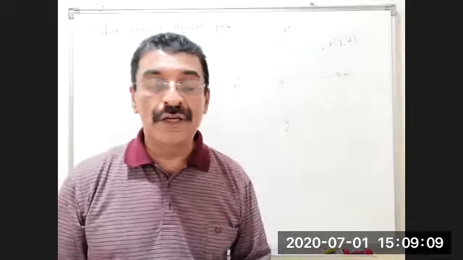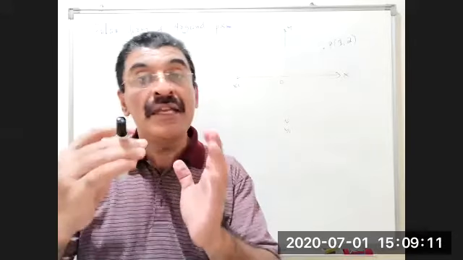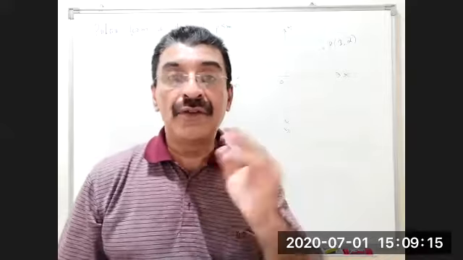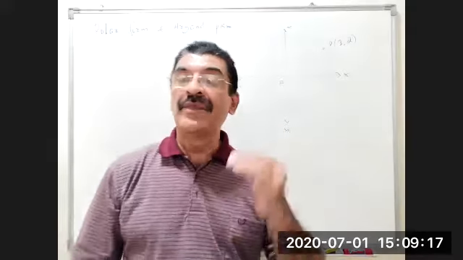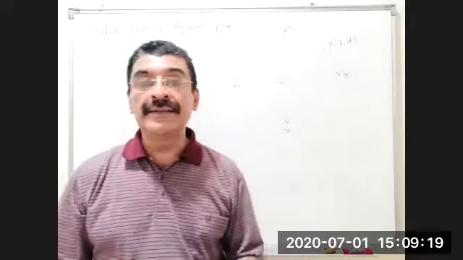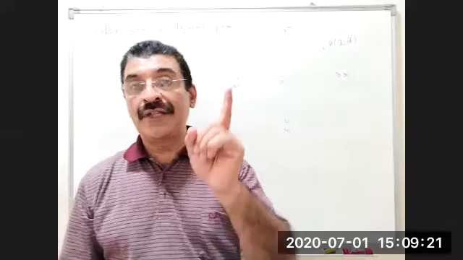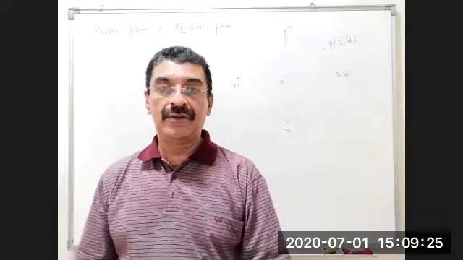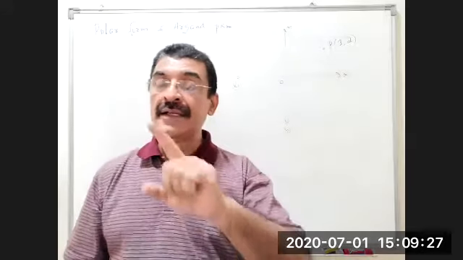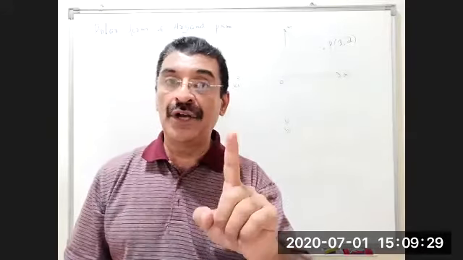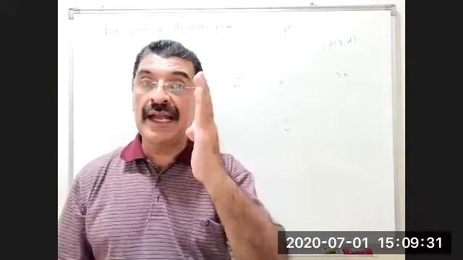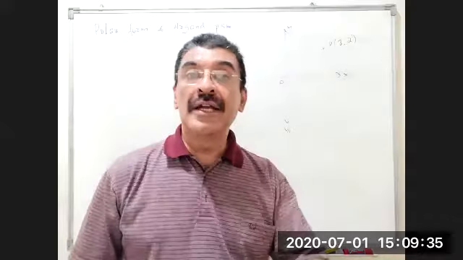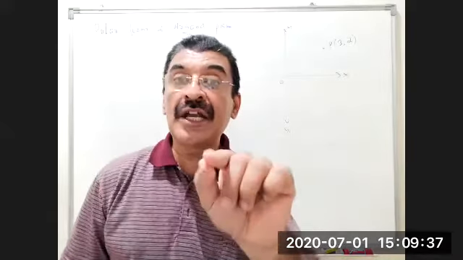Again, what is the meaning of x coordinate 3? Actually, the x coordinate is the distance of that point from the y-axis. Naturally, it is measured on the x-axis.